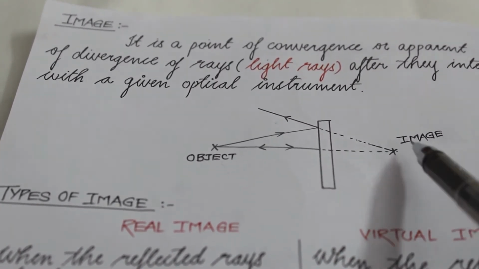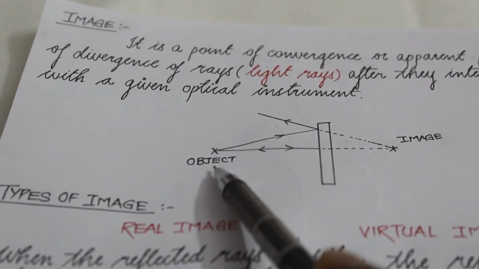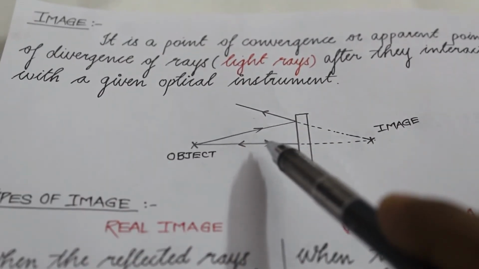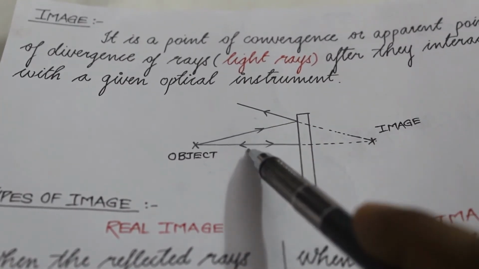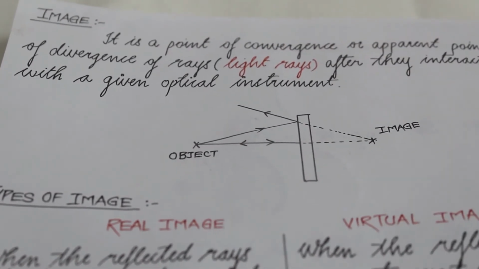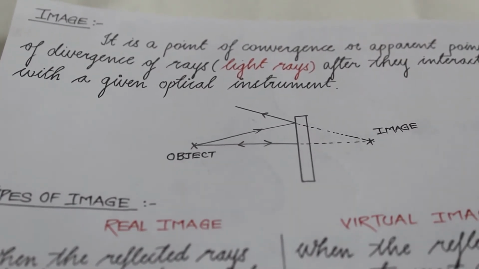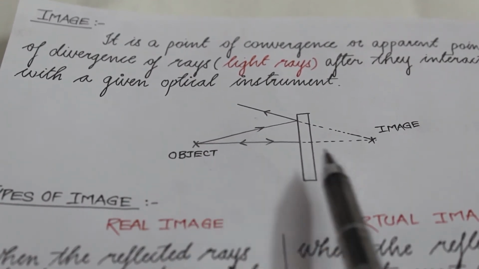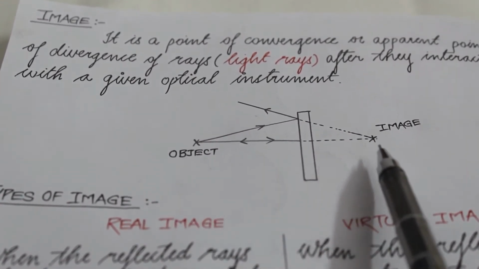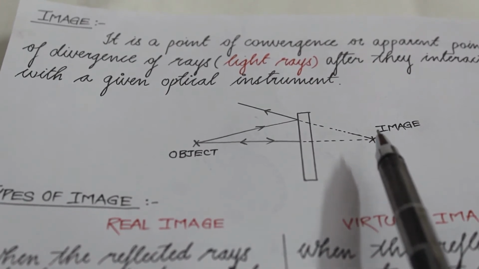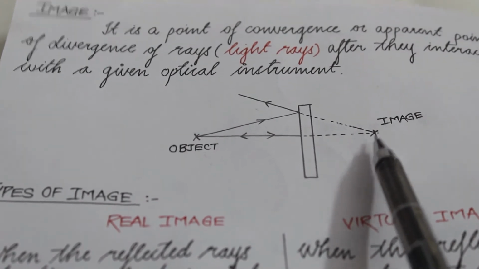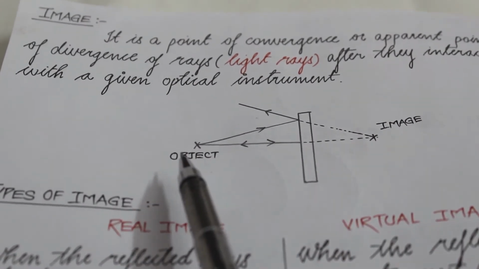This point will be known as the image of this object. As I have written here, apparent point of divergence. As you can see, these two reflected rays are moving away from each other, which means they are diverging. So if we produce them behind the mirror, they appear to meet at a point. They are not actually meeting, they appear to meet at a point, and that point will be known as the image of this object.